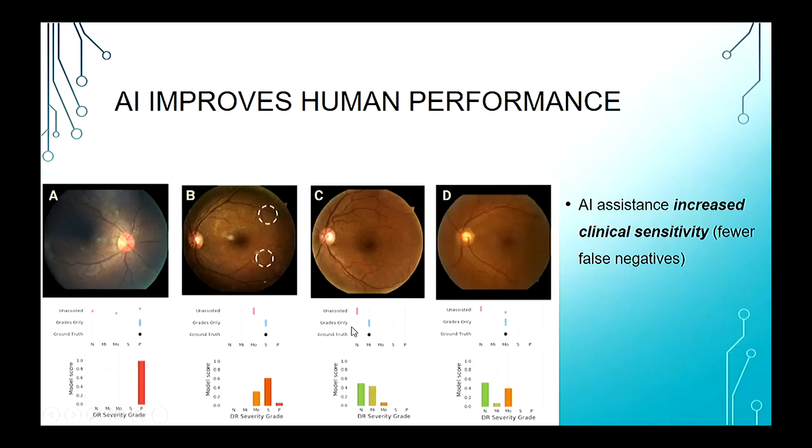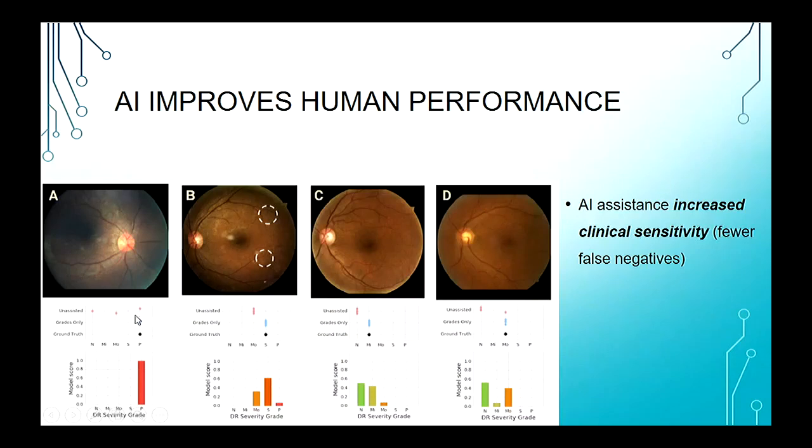So I want you to focus on the red dots versus blue dots. In images that were easier, most of the times they agreed. So for example, here. In images that were more difficult, most of the times they disagreed.